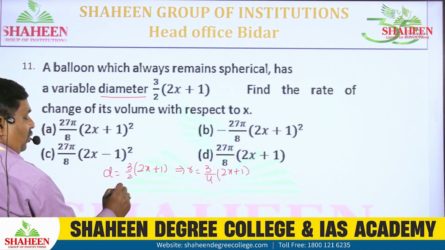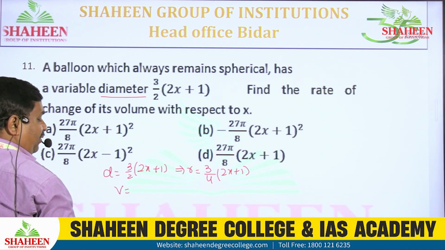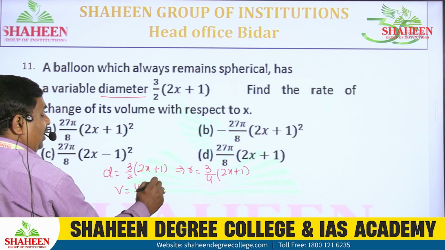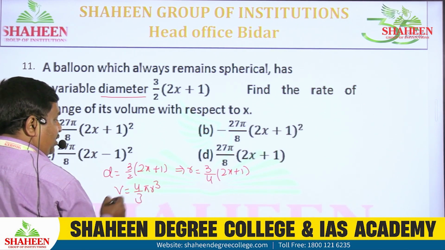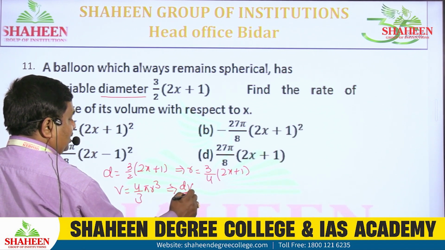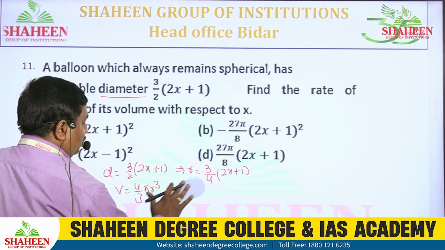Then what is the volume of a sphere formula? The volume of a sphere is 4 by 3 pi r cubed. Before differentiating, we have to substitute the r value.